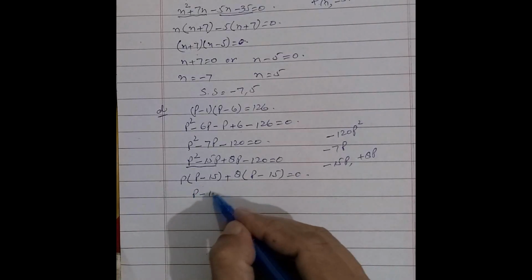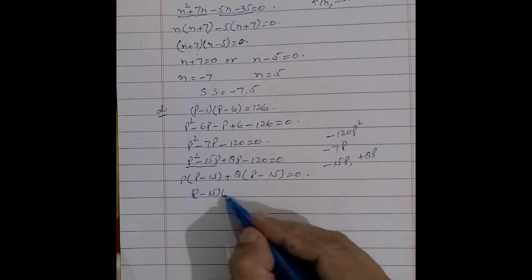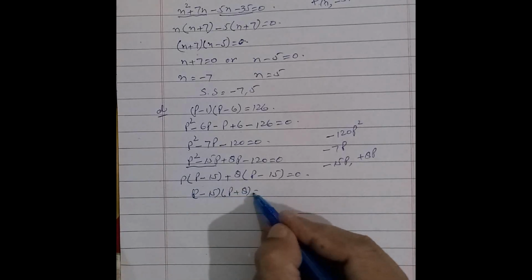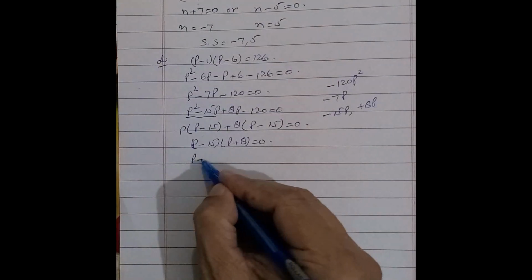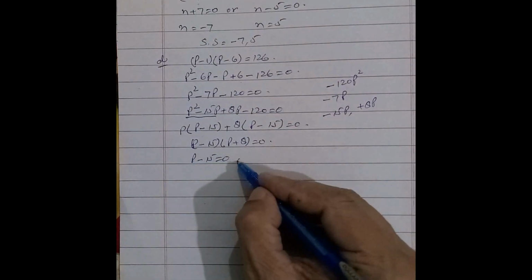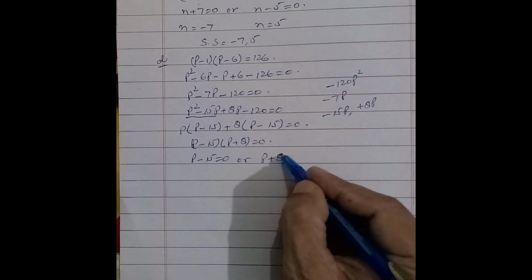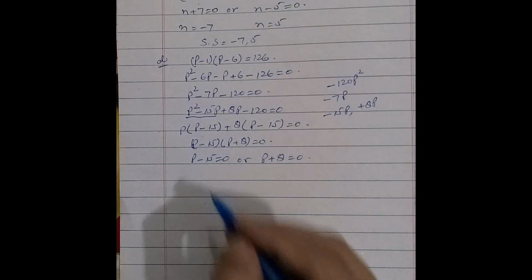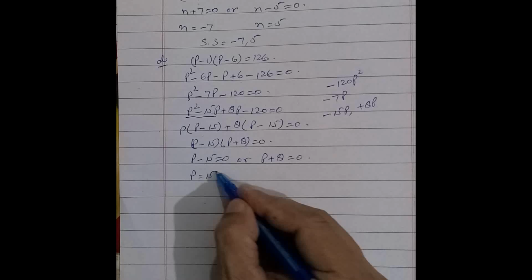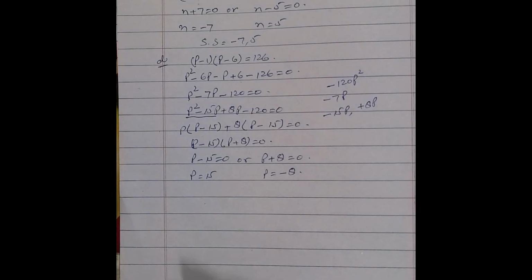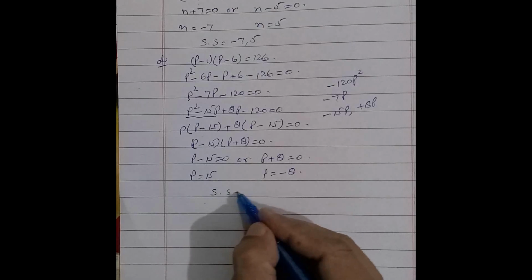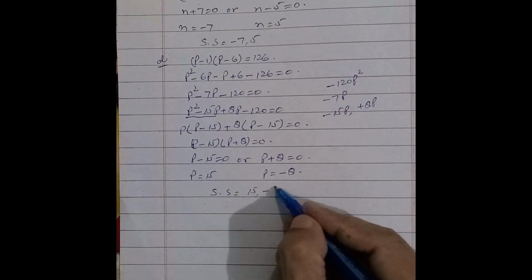And then (p minus 15)(p plus 8) is equal to 0. Now p minus 15 is equal to 0, or p plus 8 is equal to 0. So the value of p is equal to 15 and p is equal to minus 8. Hence the solution set is 15 and minus 8.